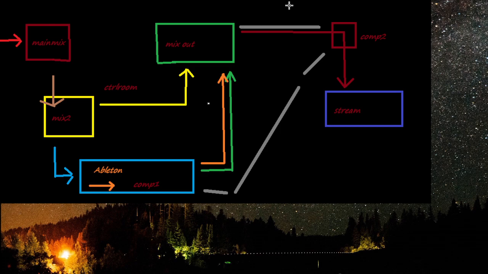No, I'm monitoring. This is the main computer. So I do a bass, save it on Ableton, it comes up here. And then if I want to add something to that, I'm using the yellow line.